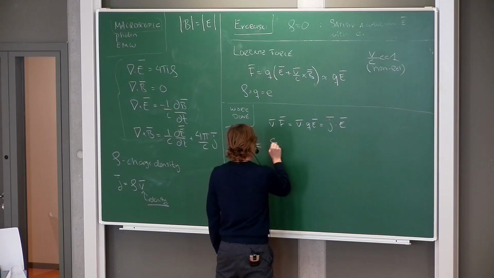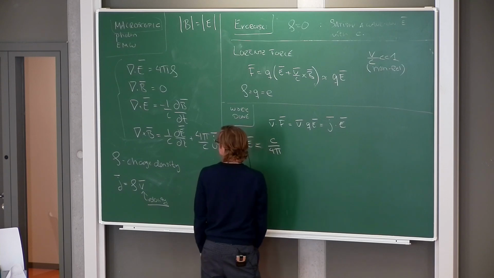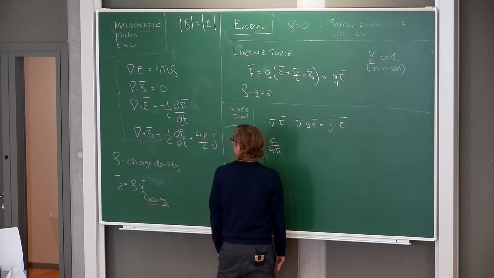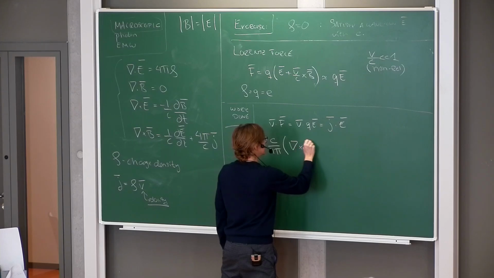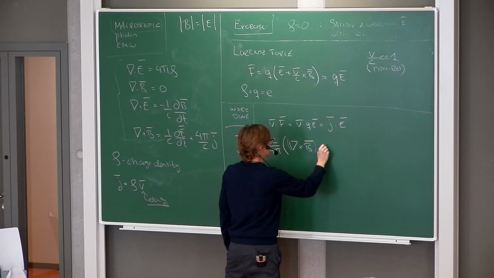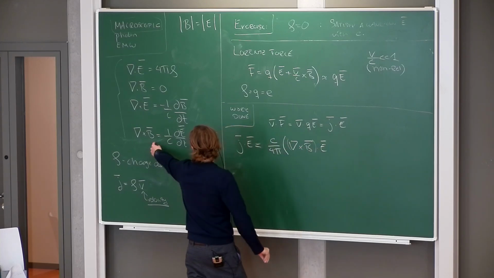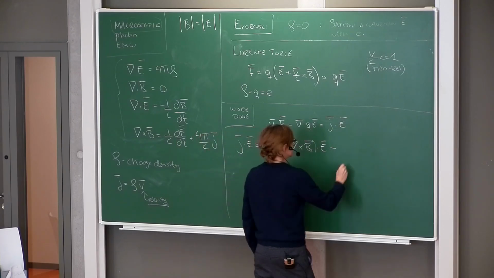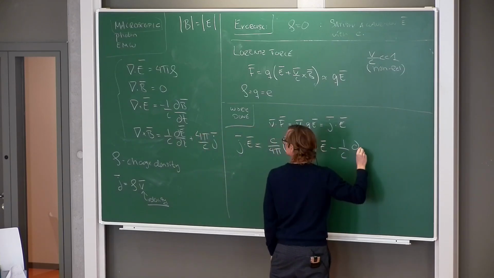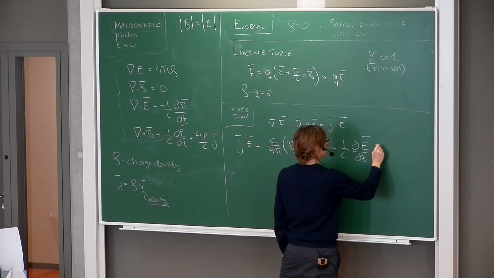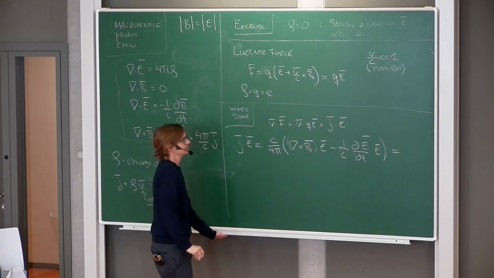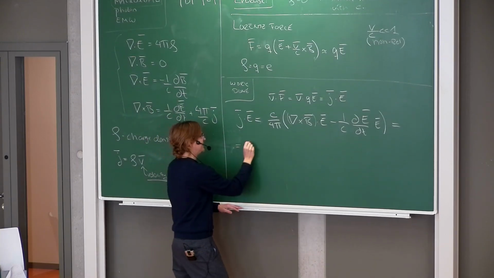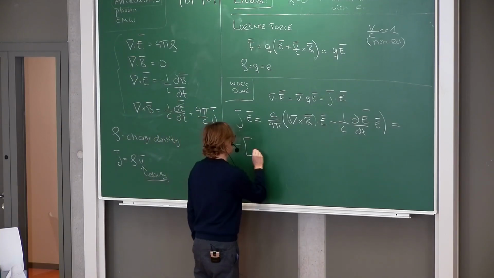We have c divided by 4 pi, and then we're going to have curl of B, dot product E, minus 1 over c dE/dt dot product E. And then again, today I'm going to leave out some algebra for you.